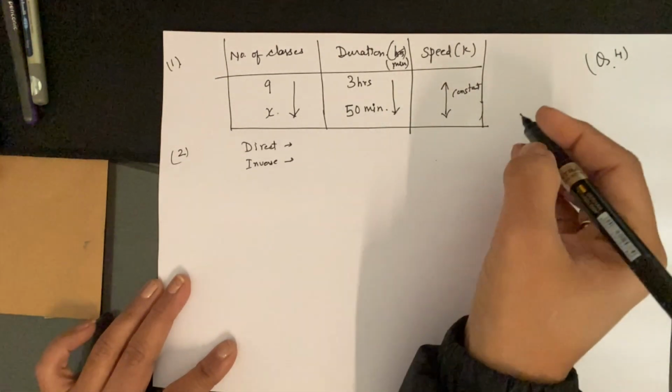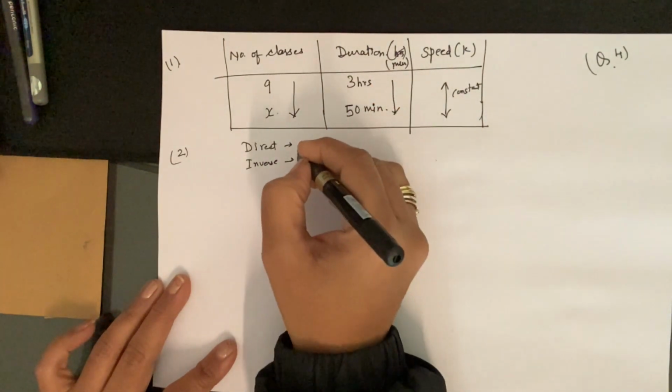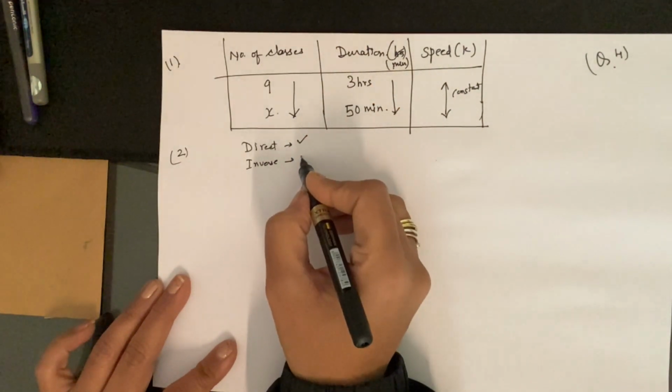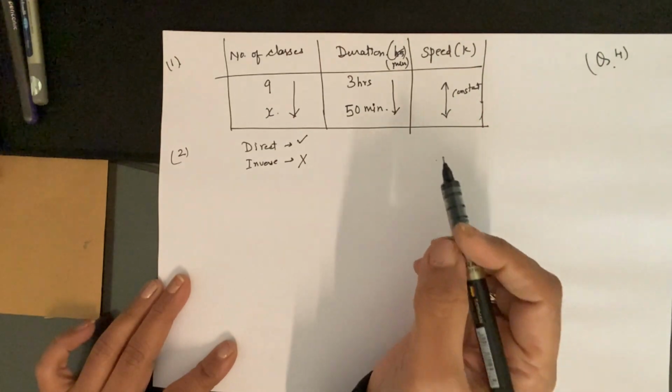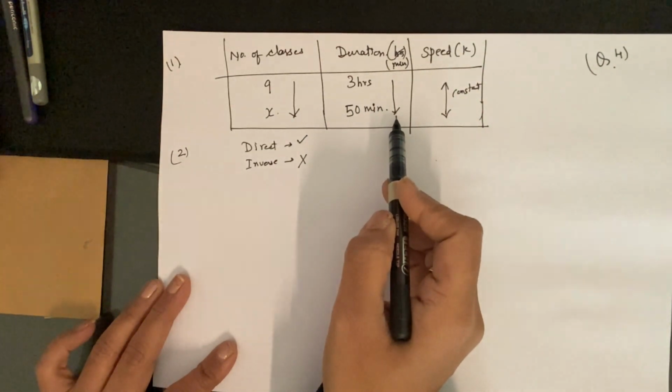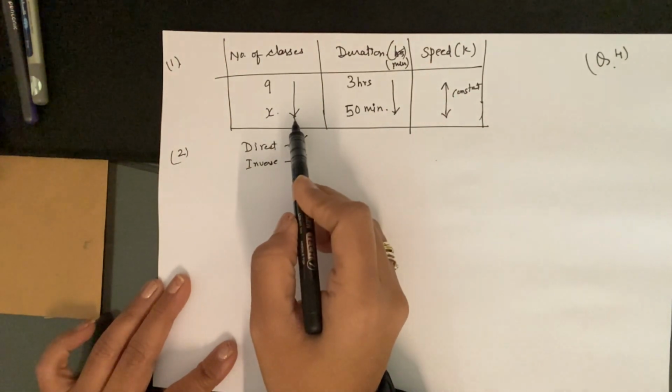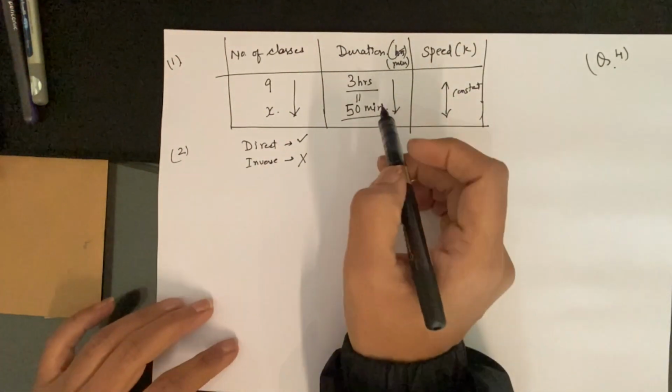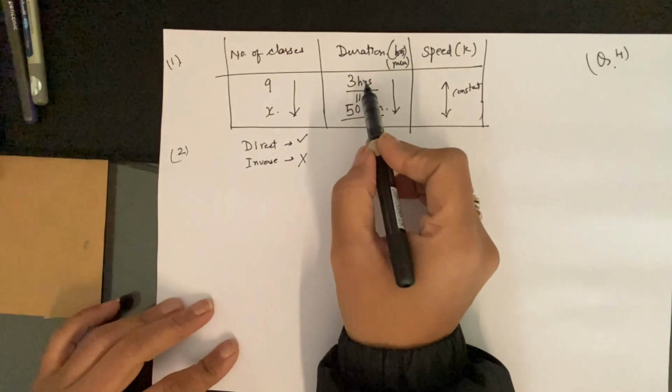So this is a direct proportion. It's not an inverse proportion because with the duration reducing, the number of classes is also reducing.